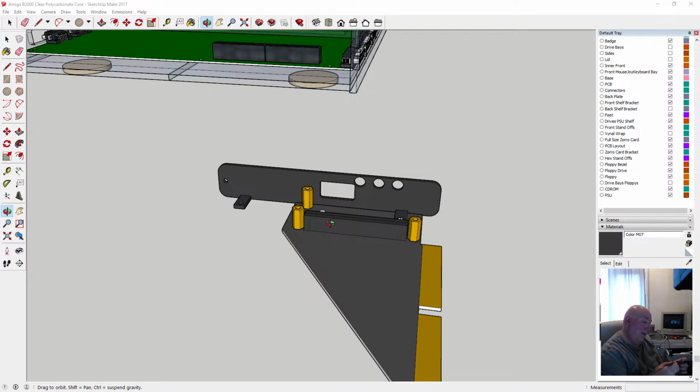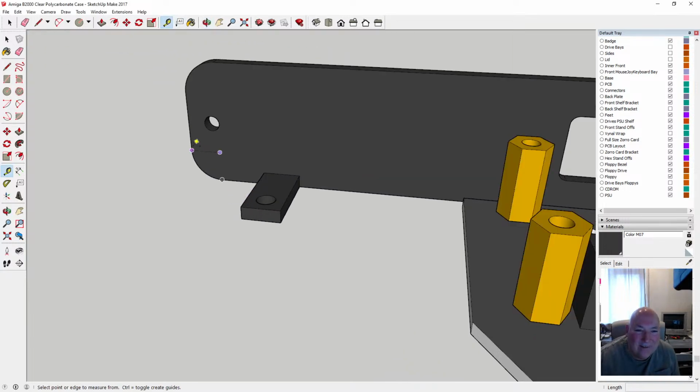Yeah, 64. 64 mil down. See, I'm destroying my own stuff here just to get these sizes. Anyway, right, 64 mil down.